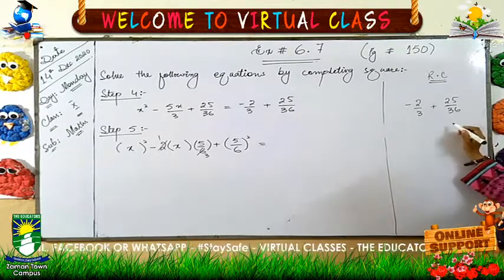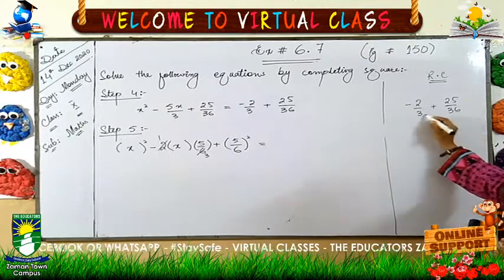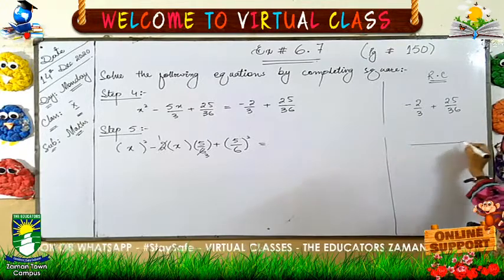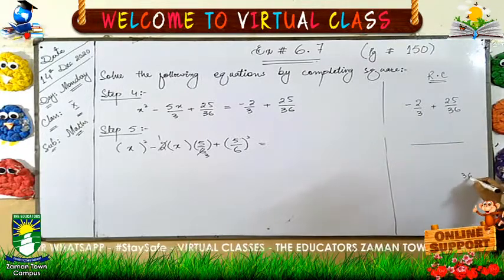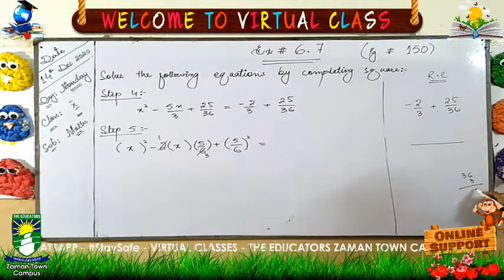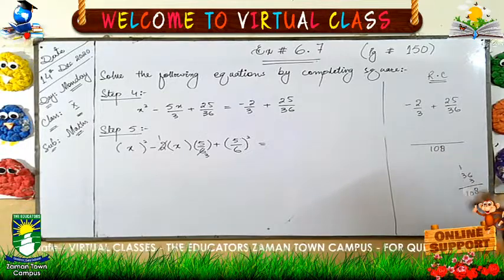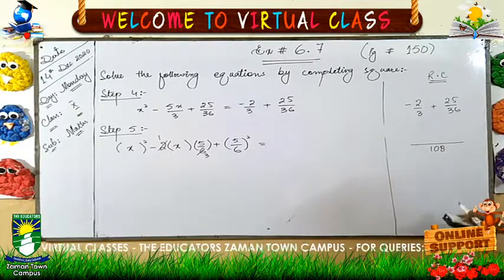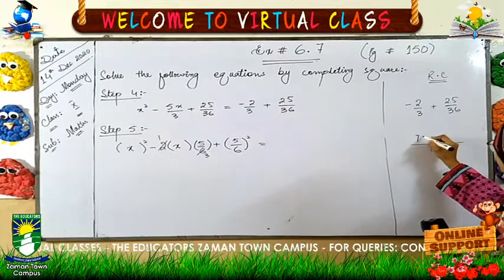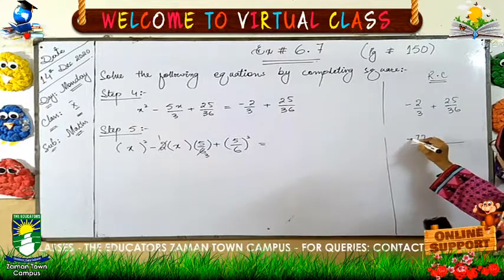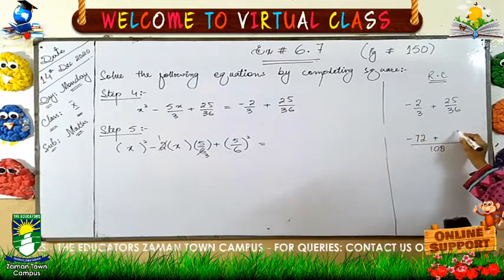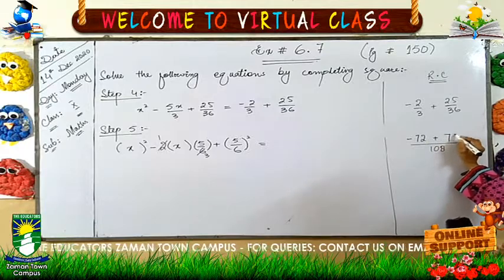You can simply do the multiplication as 36 by 3. We got what? 3 6s are 18, 8, 1 carry, 3 3s are 9 plus 1, 10, 108. Then 36 2s are 72, minus 72, plus 25 3s are 75.